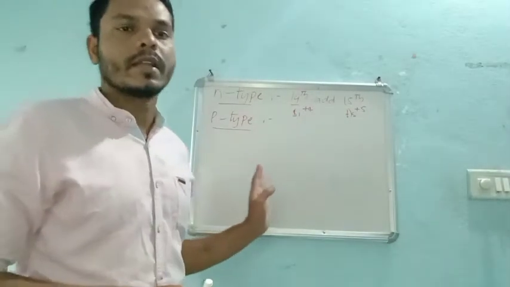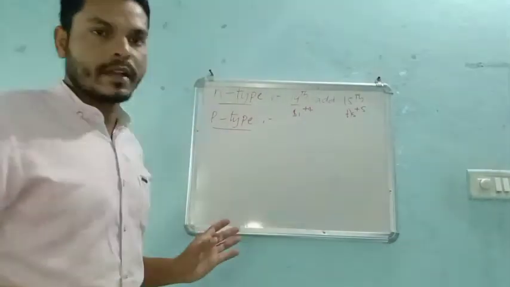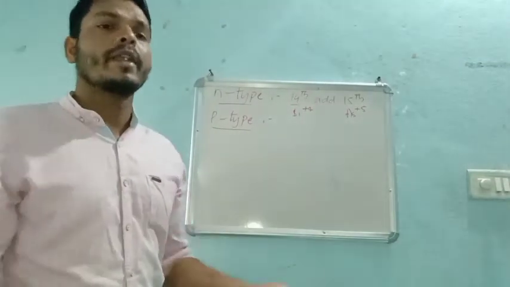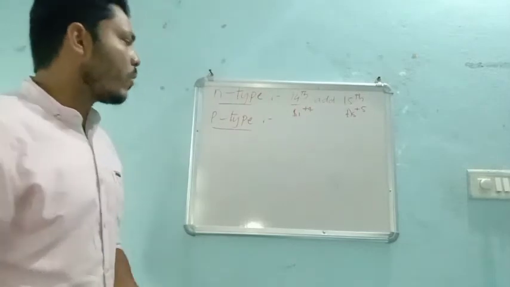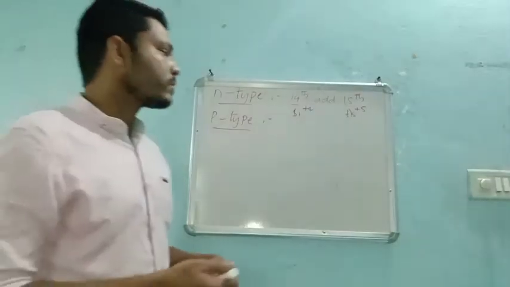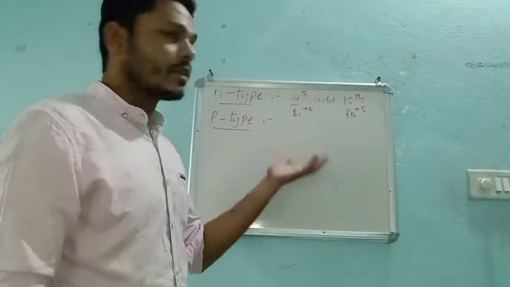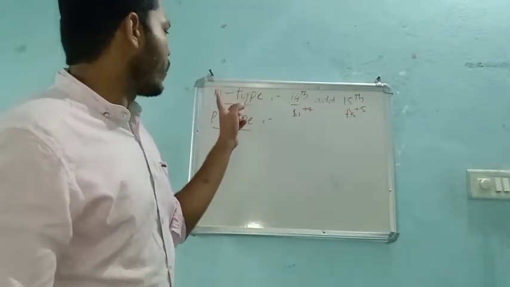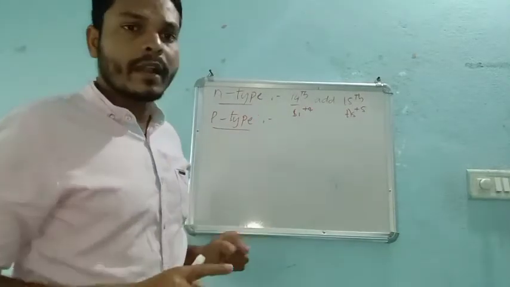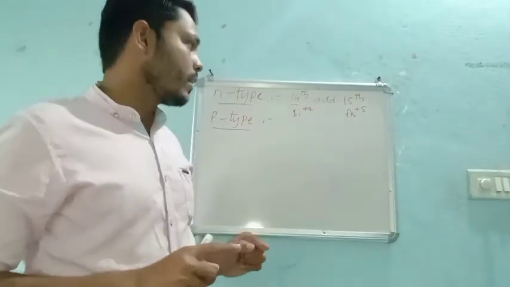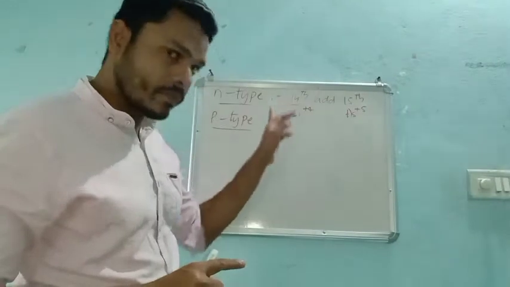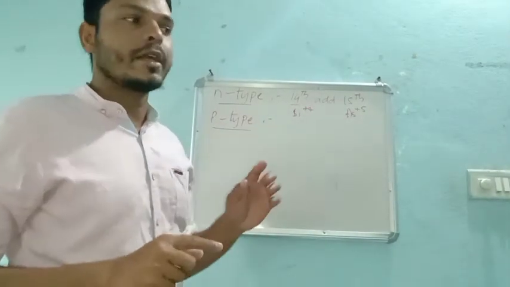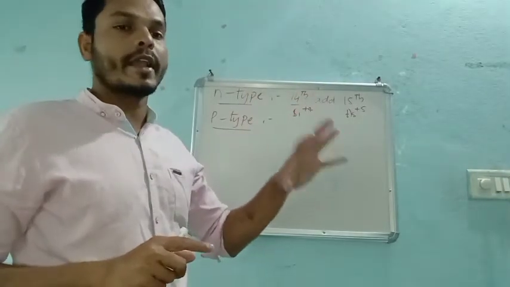Yesterday in class I showed you with the diagram that one extra electron will be released or remain as it is. Because of the extra electron, after adding the impurity like arsenic, the complete solid becomes a negative dominant character matter.